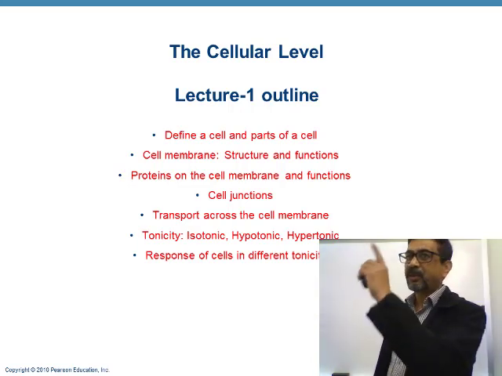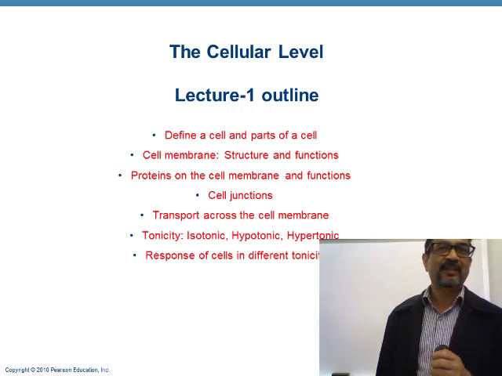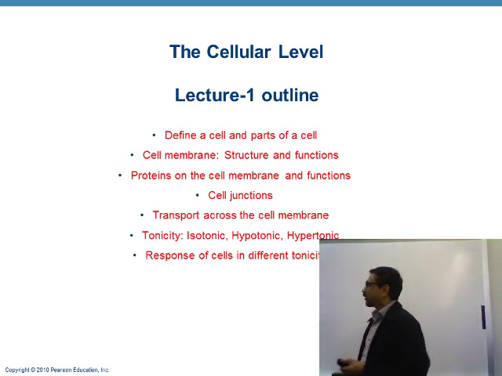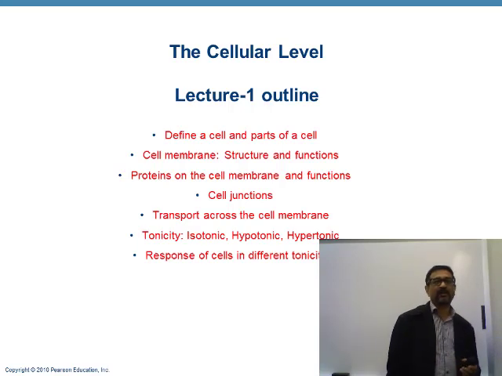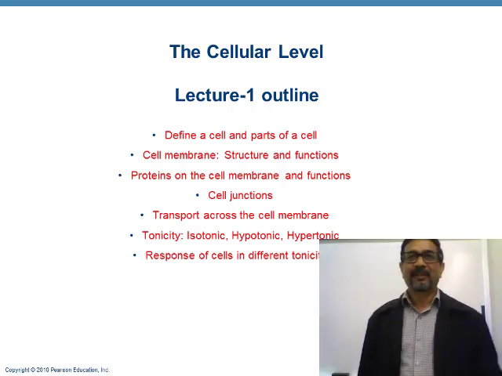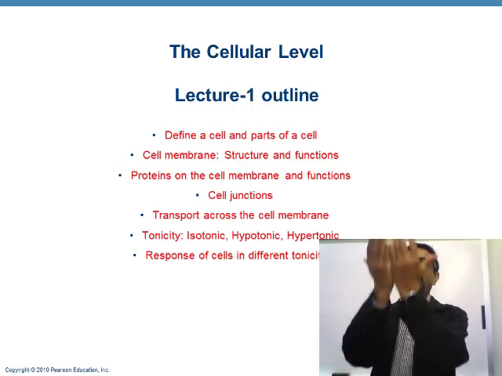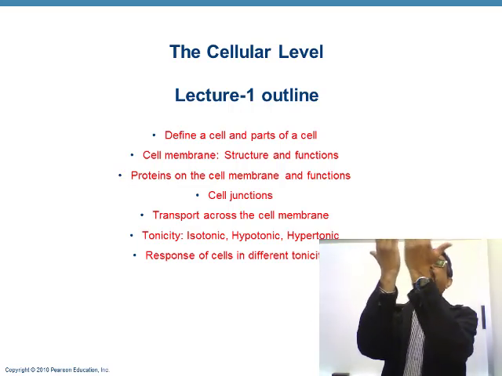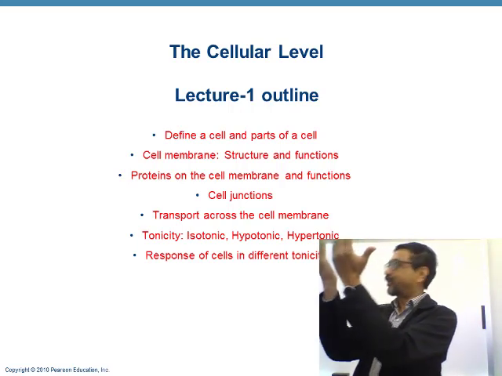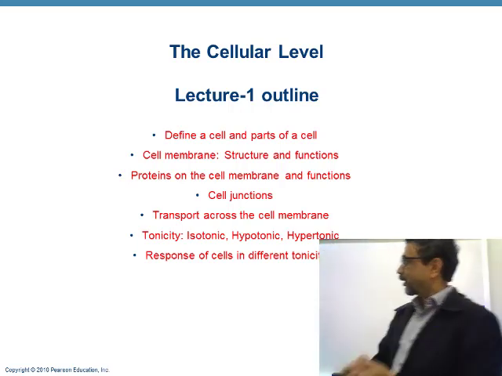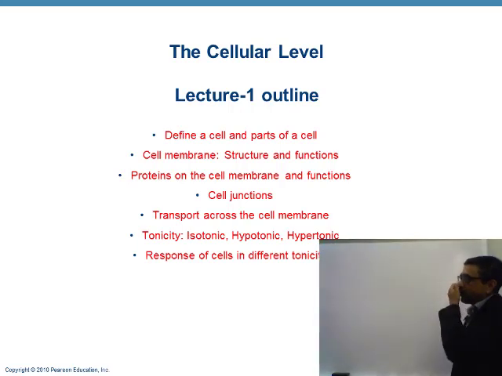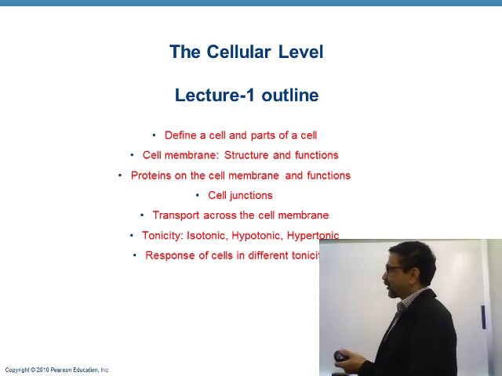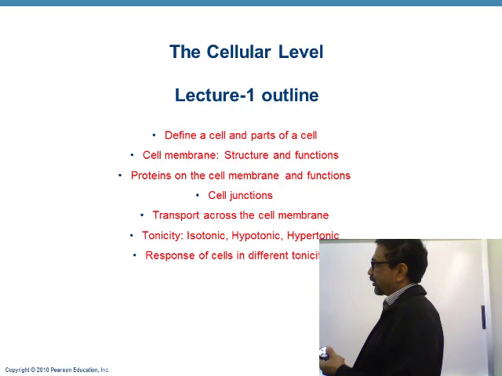So we'll see what those two types of proteins are and what their important functions are. Then we'll talk about the junctions. Junctions are the structures that attach or connect the cells, one cell to another. So we'll see different cellular junctions and their structures.